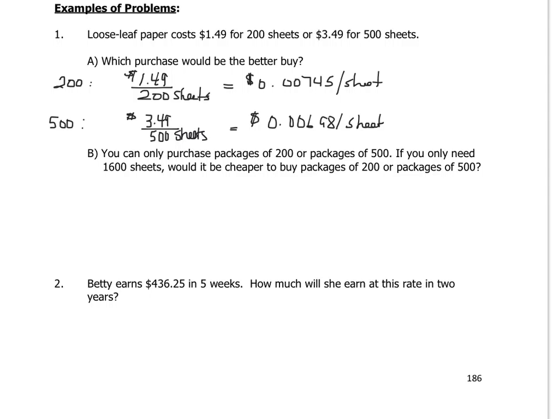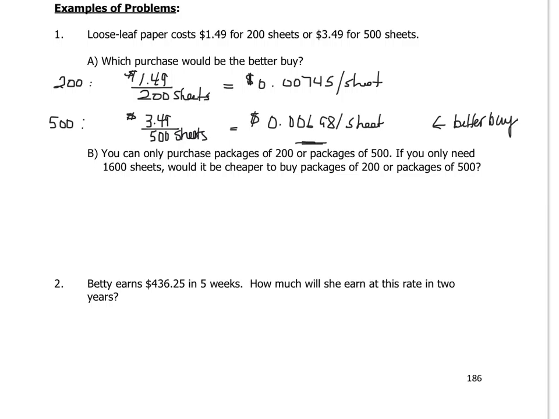So this one here would actually be the better buy. I kept a few decimal places there, because when you're talking about such small quantities, if we rounded off both of them, they'd be the same. But if you keep the decimal places in, you can see that this one would actually be a little bit cheaper.